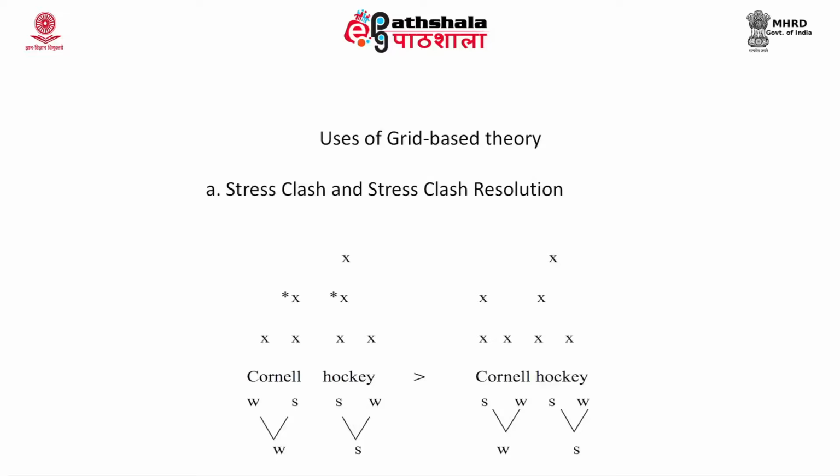Thus, we have examples on the screen of English, these words, Cornell, hockey. There are 2 words, Cornell and hockey. When they come together, then we hear these words pronounced as Cornell hockey. It's a well-known example in the literature.